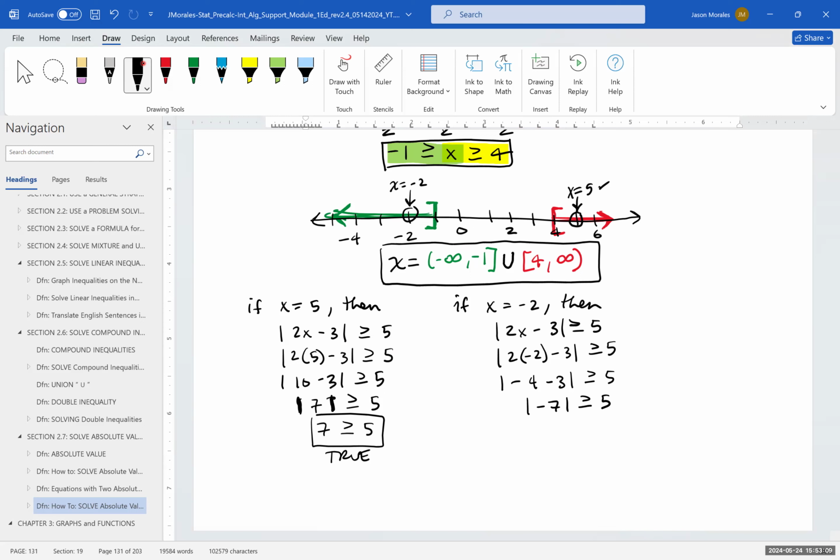The absolute value of a negative will be a positive. And that is a true statement. So that validates that x can equal negative 2, and that kind of validates this answer domain. So we just checked just now to make sure that this is a correct answer for this one.